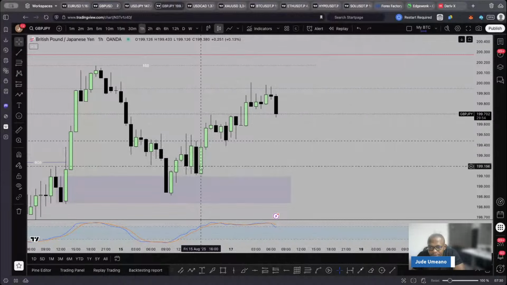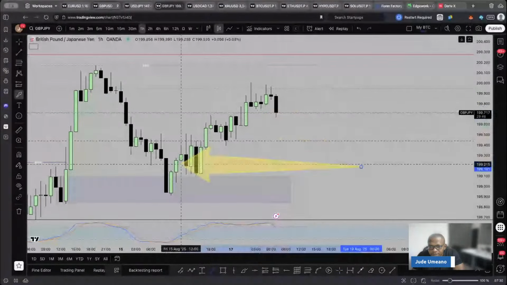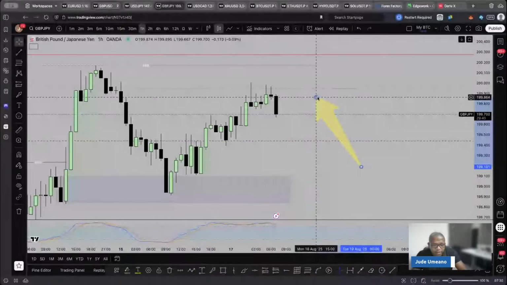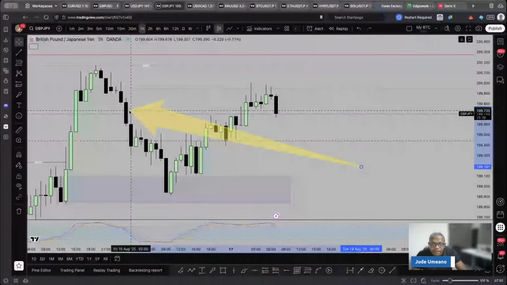Now, if you look at this movement, there are really no inefficiencies anywhere. It's all efficient movement. On this side, this is the only inefficiency I'm seeing.